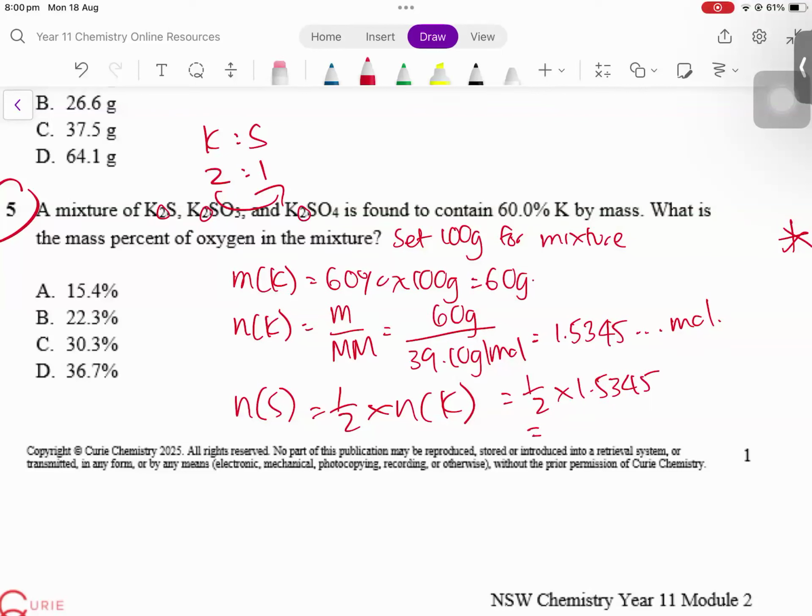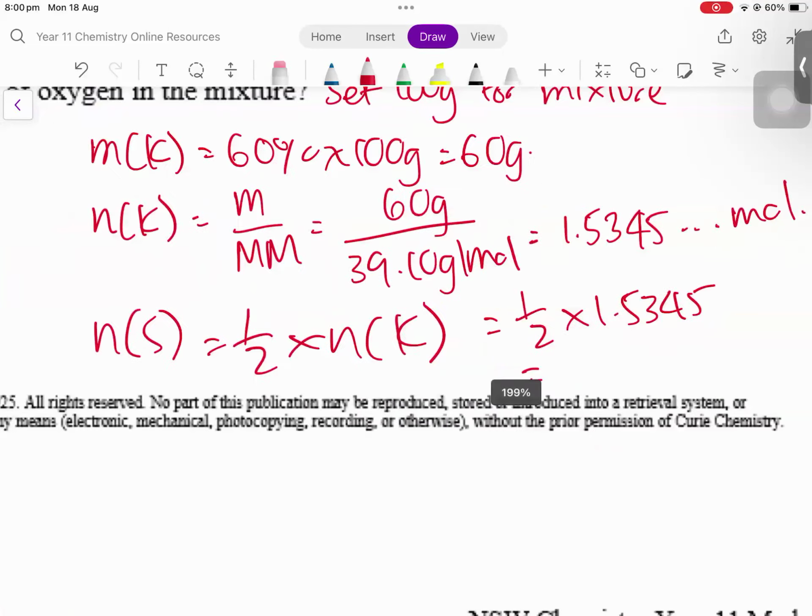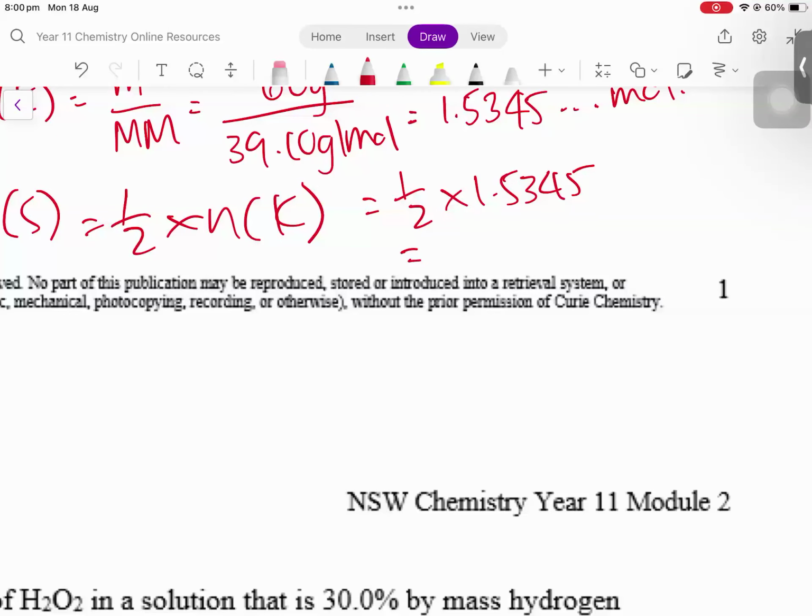So how many moles of sulfur is there in all of this? 0.7672 mole.